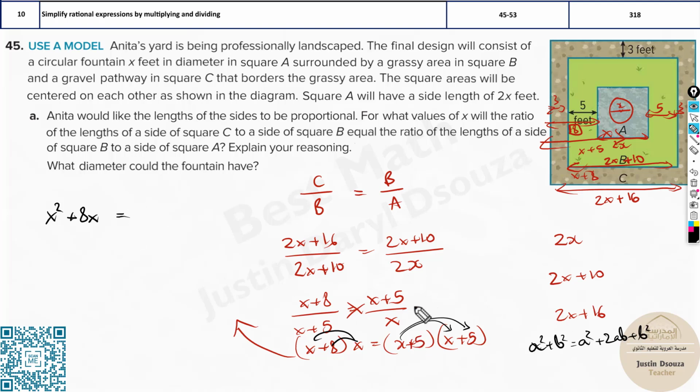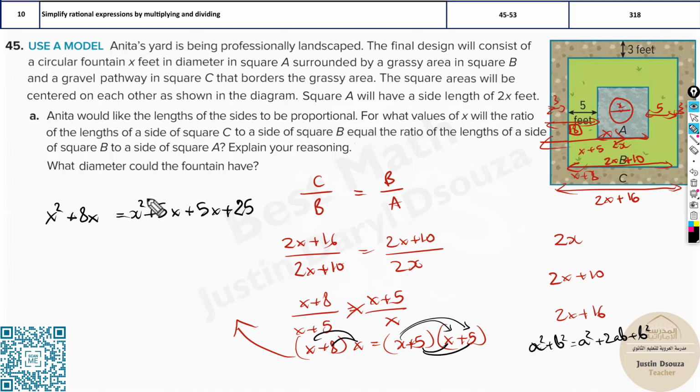But I'm going to use the normal FOIL multiplication, which many students will easily follow. x times x is x squared. Then we have x times 5 is plus 5x, plus again 5x, and lastly plus 25.